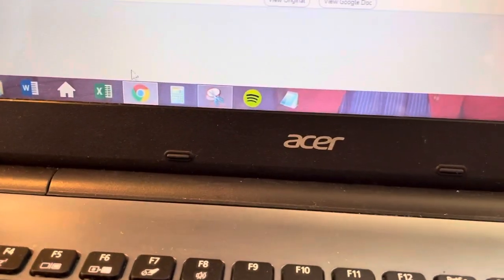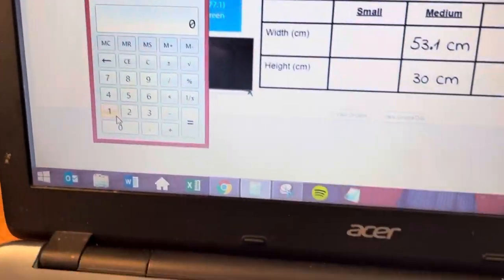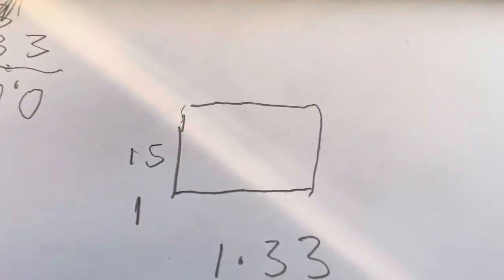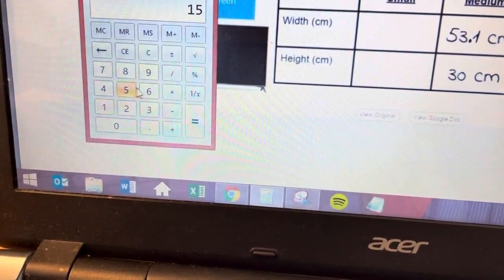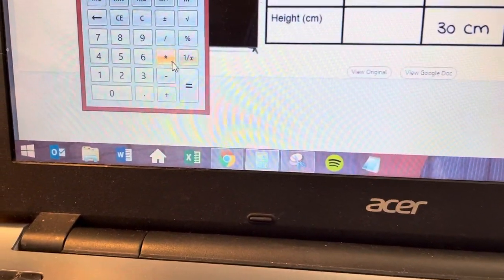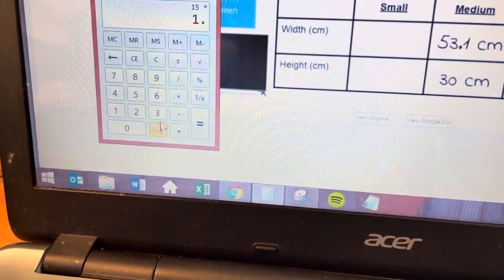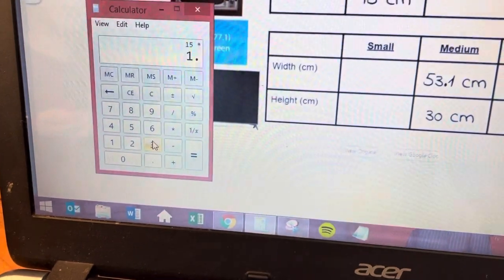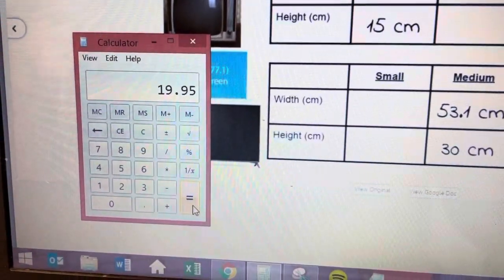If you do 15 centimeters multiplied by 1.333, you get the answer 19.95, which rounded up comes to 20.